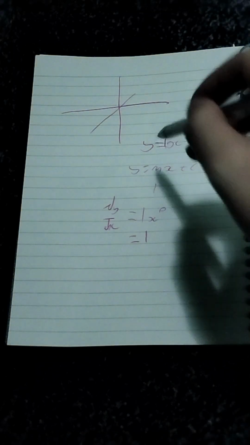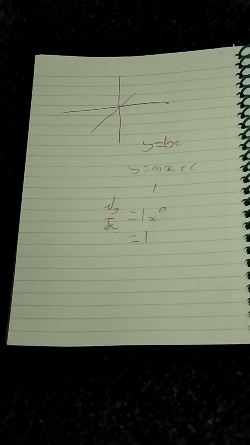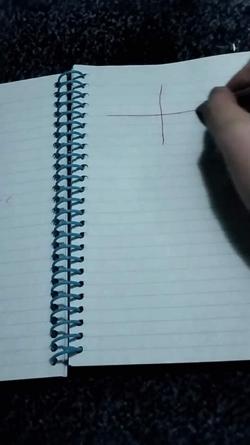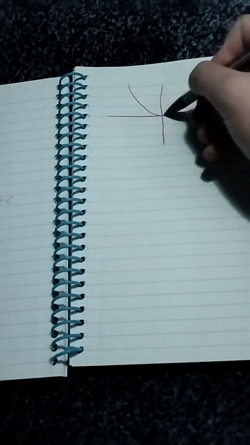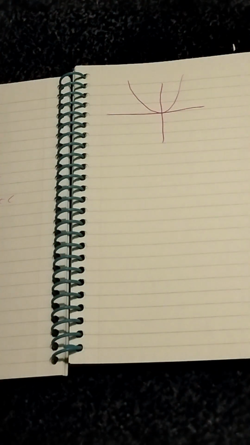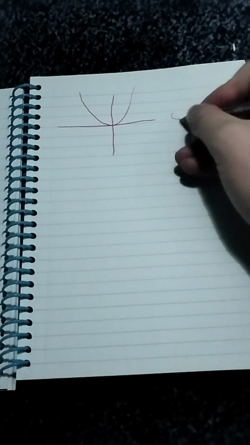So therefore, the gradient of a straight line is the same as its derivative. Now, if we had the curve, say, y equals x squared.